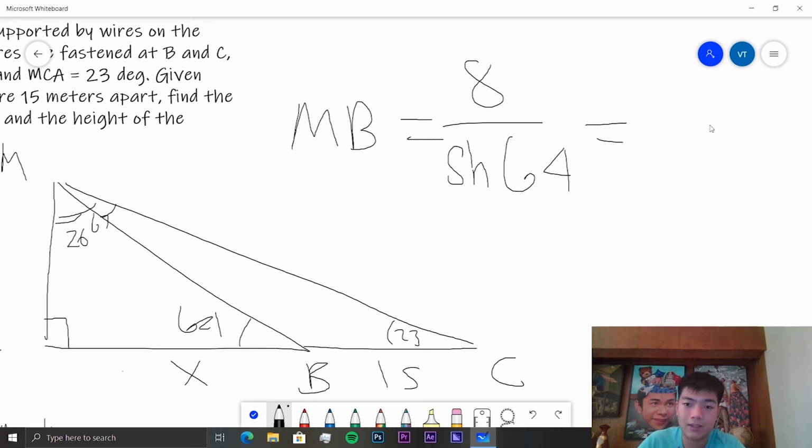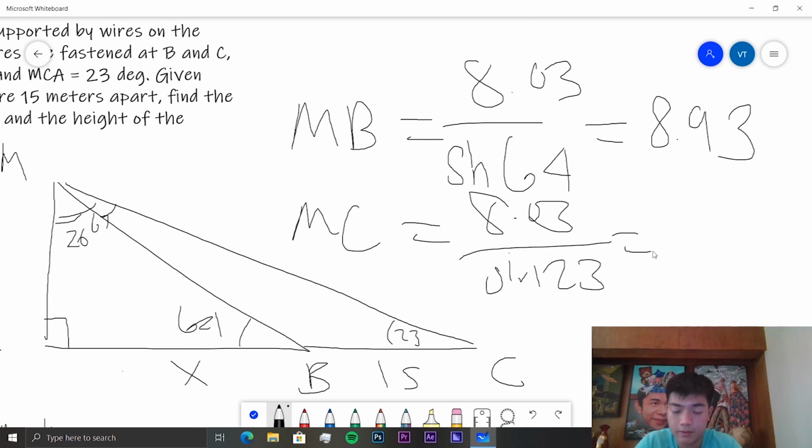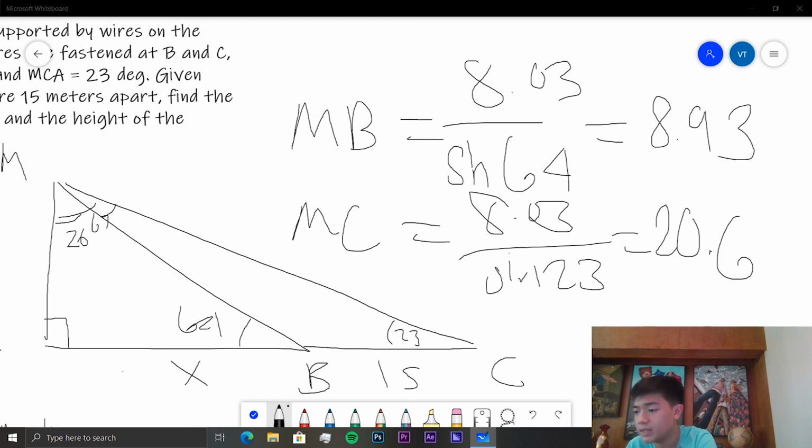I'll put them in the exact values. So that's around 8.93, and then MC is equal to 8.03 divided by sine 23. This is equal to around 20.6 meters. So yeah, that should be correct.